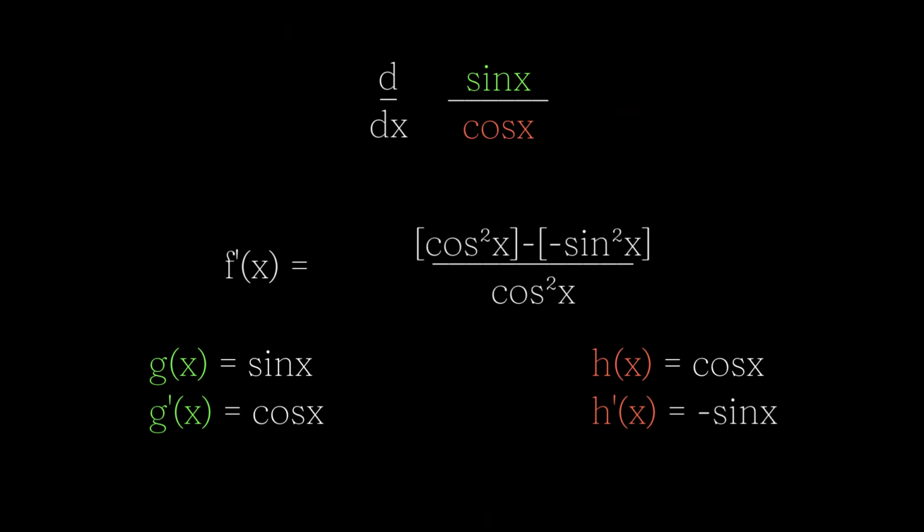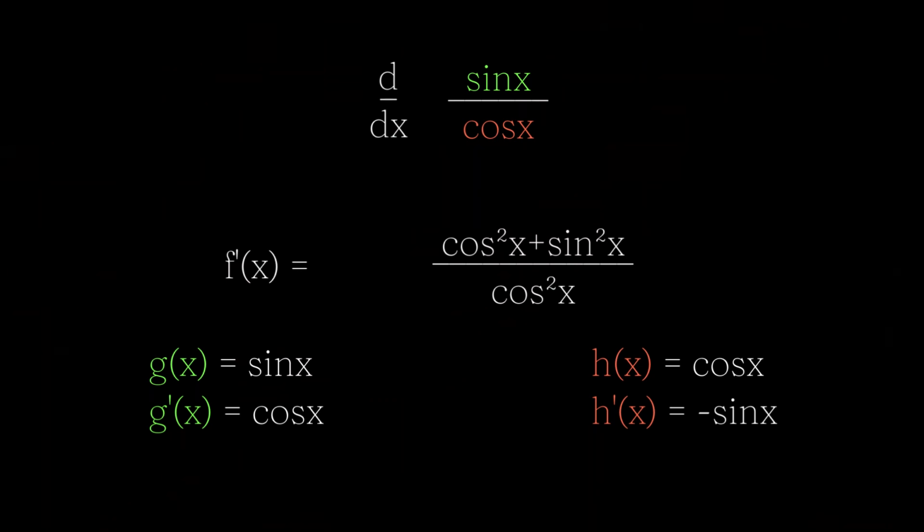Cosine x times cosine x is equal to cosine squared x, and sine x times negative sine x is negative sine squared x. Notice how we have cosine squared x minus negative sine squared x. Since negative times negative will become positive, we can write it as cosine squared x plus sine squared x, all over cosine squared x.